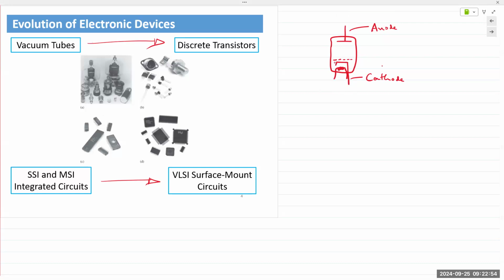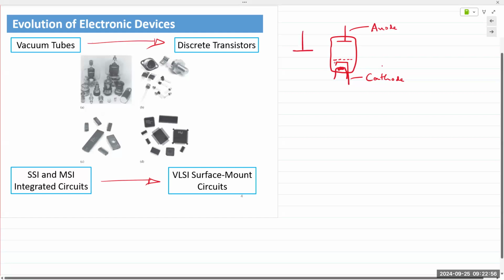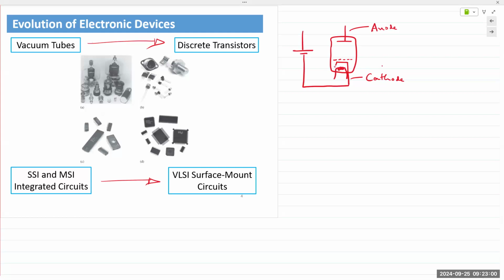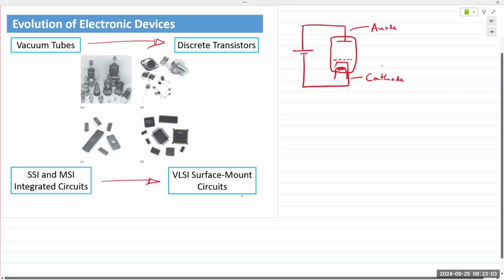If you connect an external energy source, let's say a battery, between the two terminals, and the anode is now held at a positive voltage versus the cathode, the electrons are attracted to the positive charge and they start flowing towards the anode.